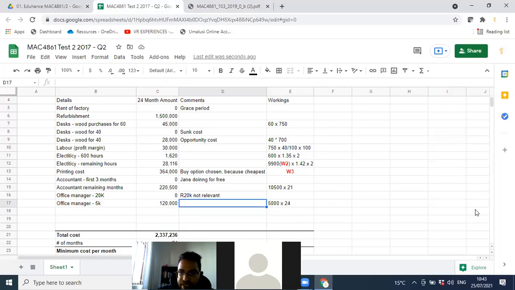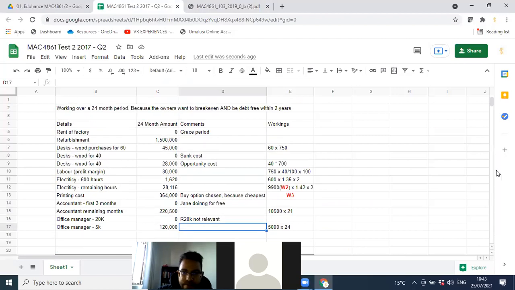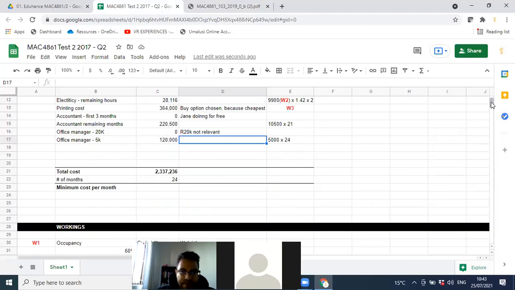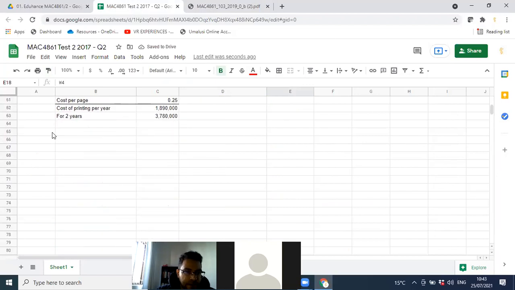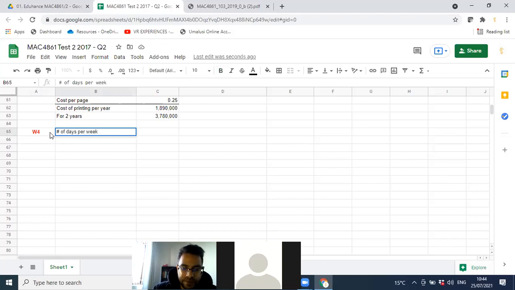So number of days per week is 6. Number of weeks per year is 52.